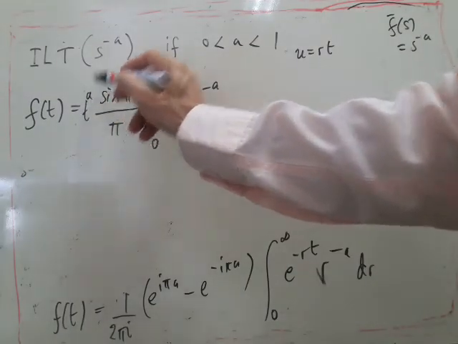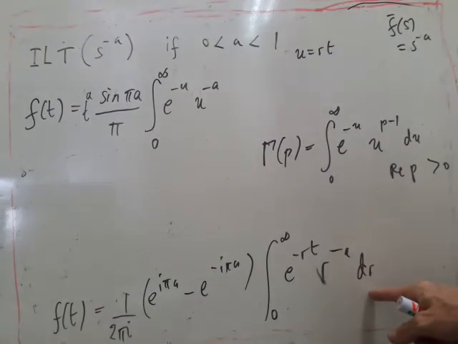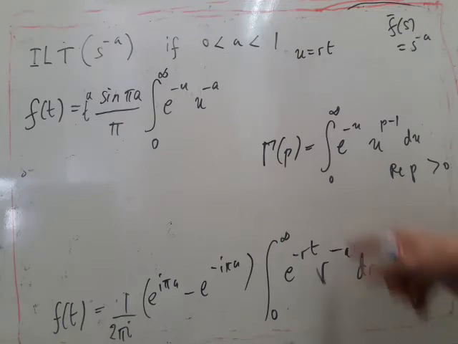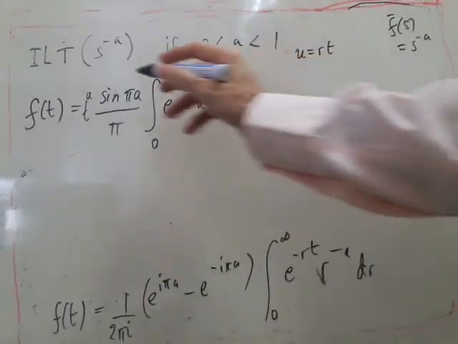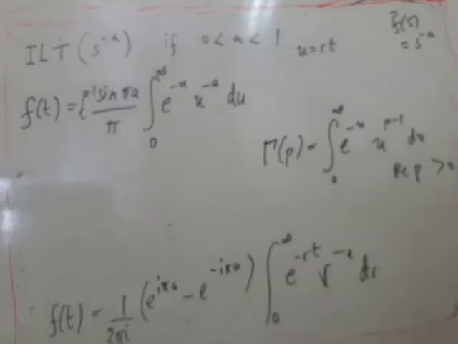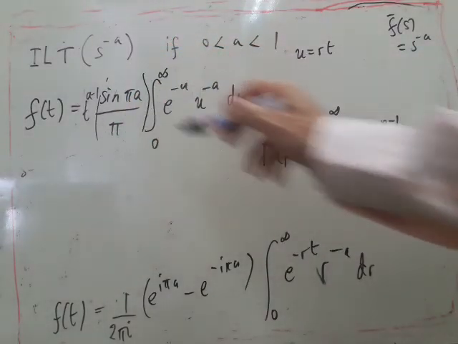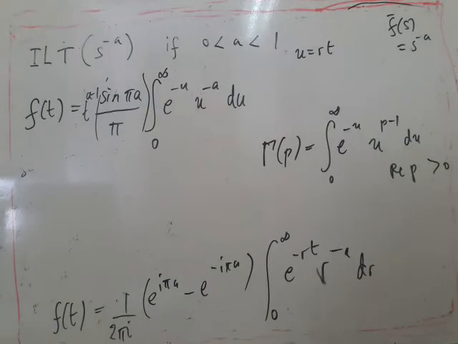So I can put this t to the a out front, and then dr is du divided by t. So dividing by t, I get t to the power a minus 1 up front. Okay.